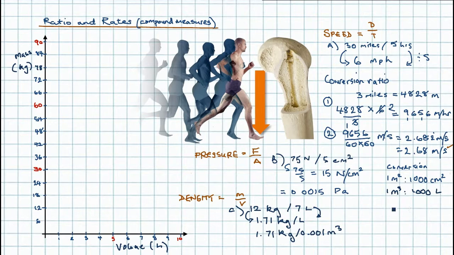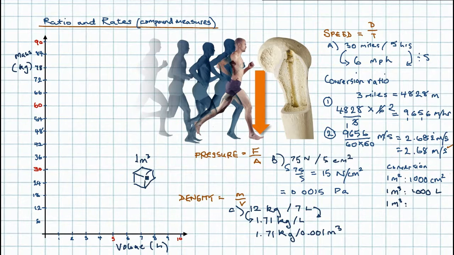Now the bit that people always find tricky is when they have to convert cubic meters to cubic centimeters. How many cubic centimeters are there in a cubic meter? Let's again go to one side, draw ourselves a little diagram and think about this. If this was a cubic meter, how big would the sides have to be?